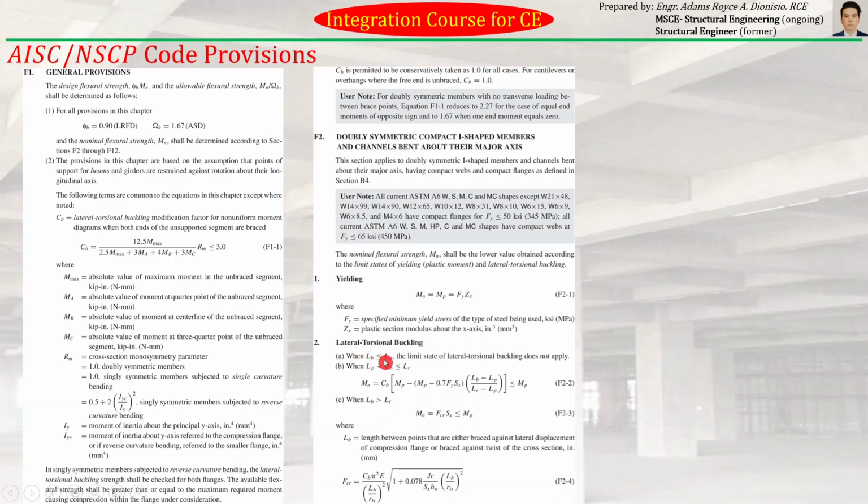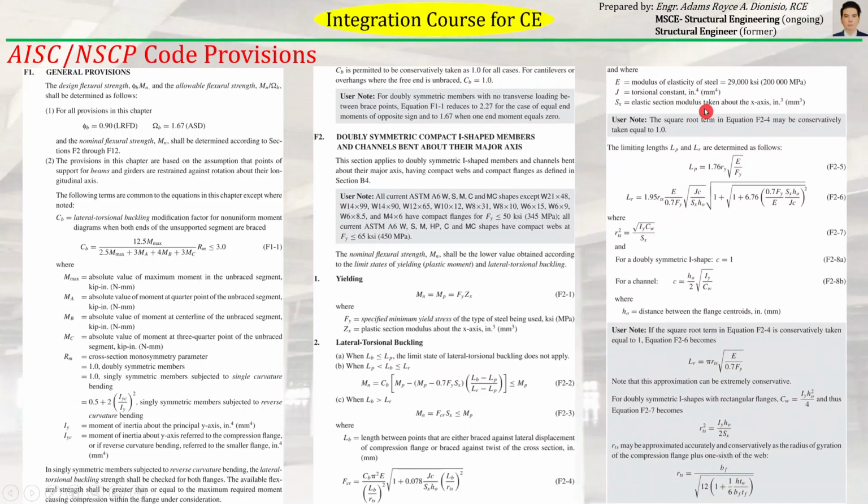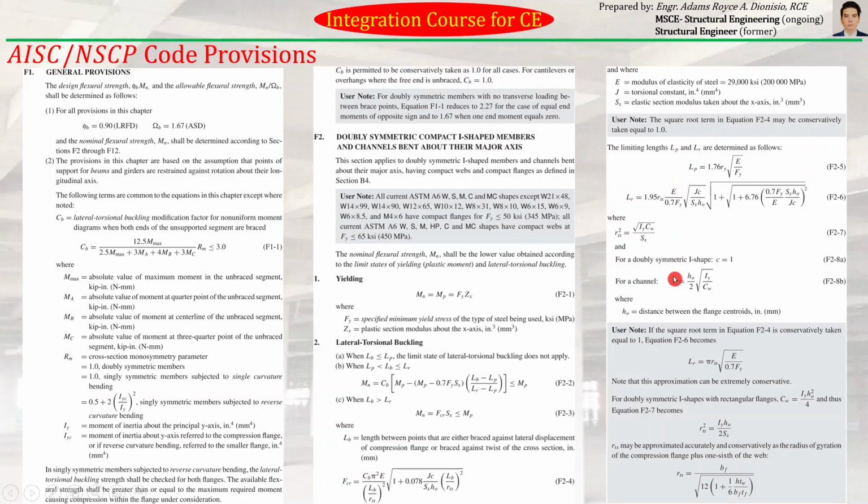We also check lateral torsional buckling. We have three cases there, which often depend on the unbraced length of our beam or flexural member. Later on, we will use that, and so on and so forth for the other provisions for the analysis and design of steel flexural members.